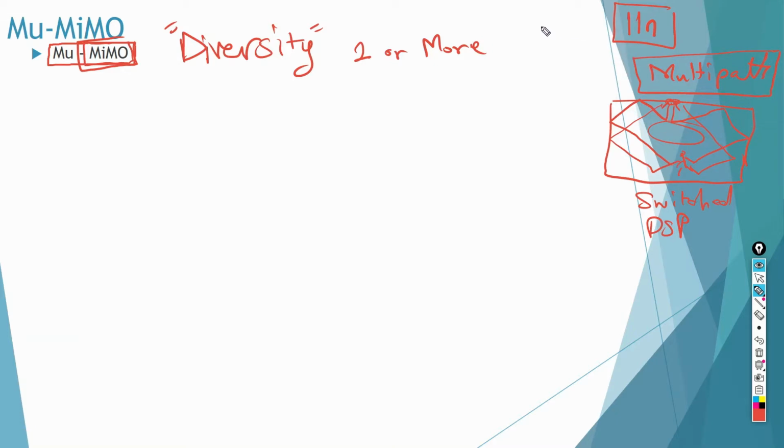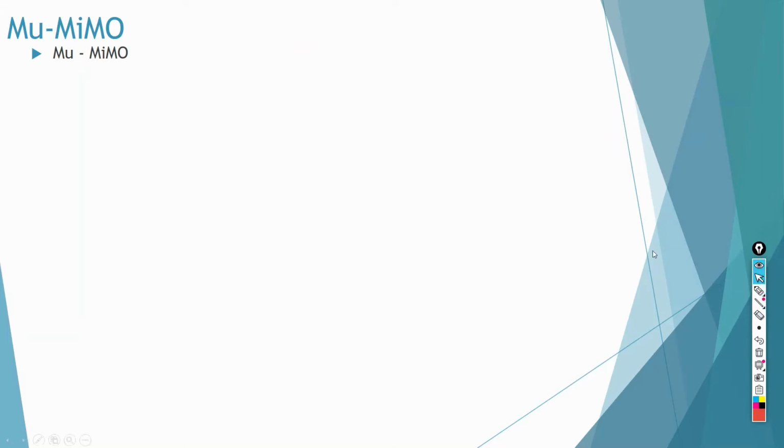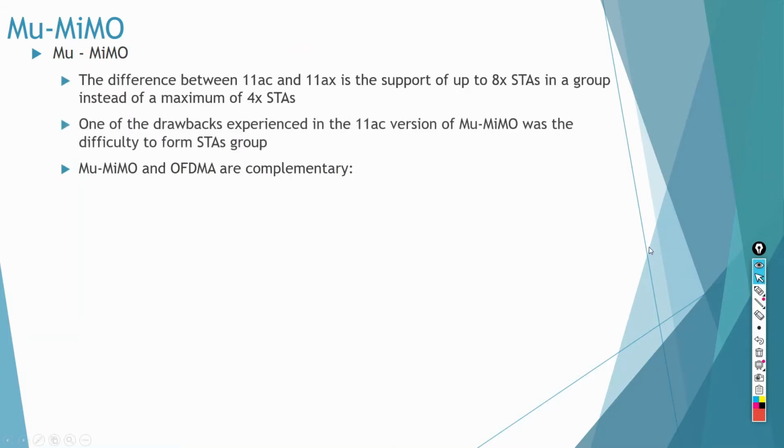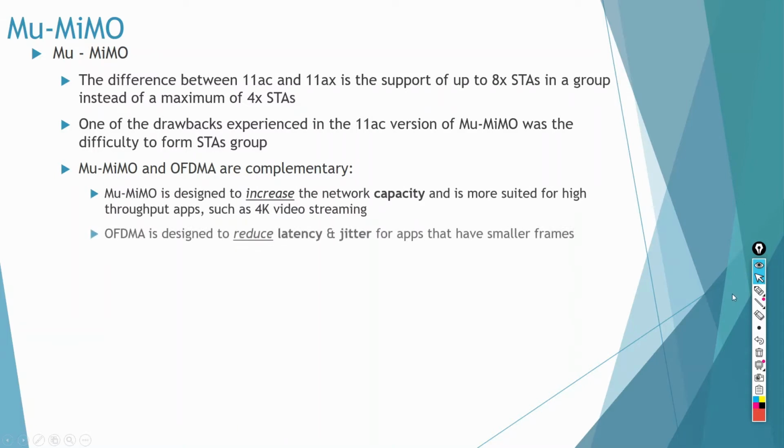Now, it was officially introduced as a term or a new enhancement in 11n at the PHY layer. Let's clear things up. Also in 11ac, MIMO continued to be there, and the concept of MU-MIMO started there.